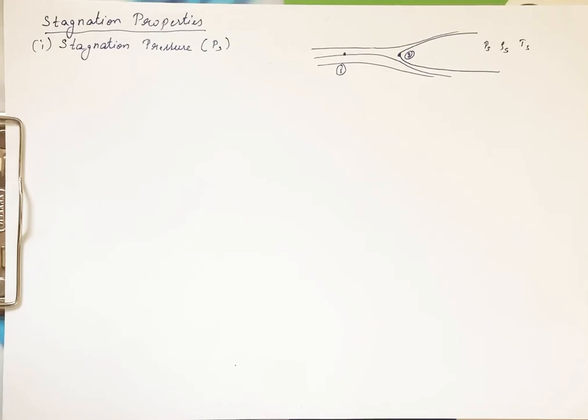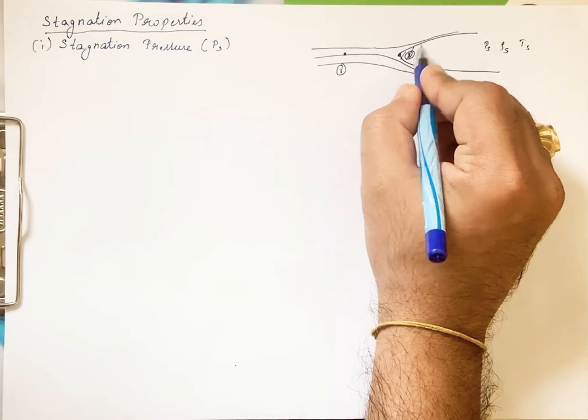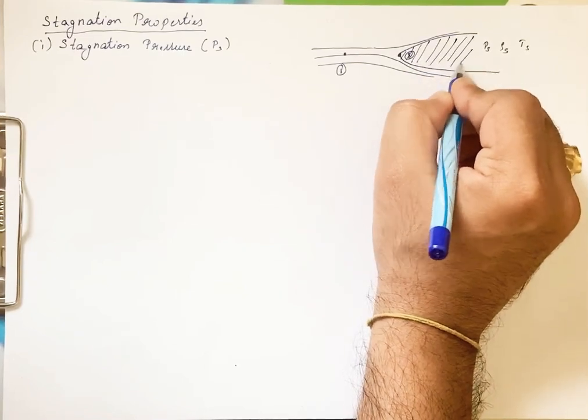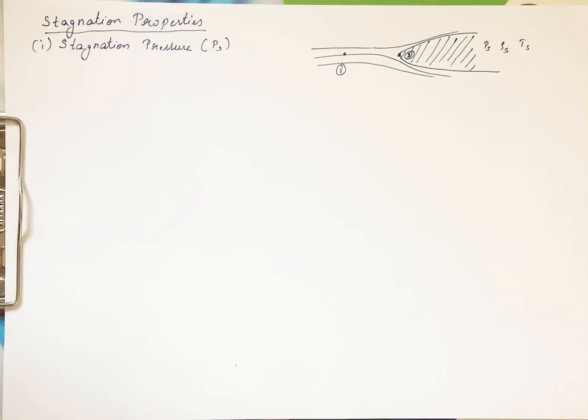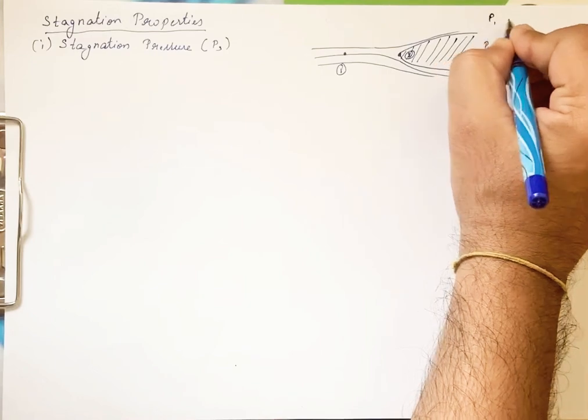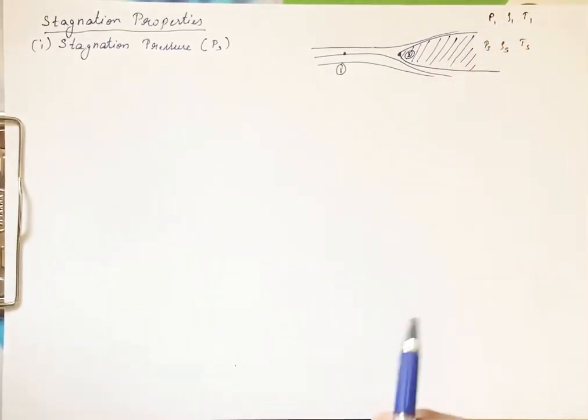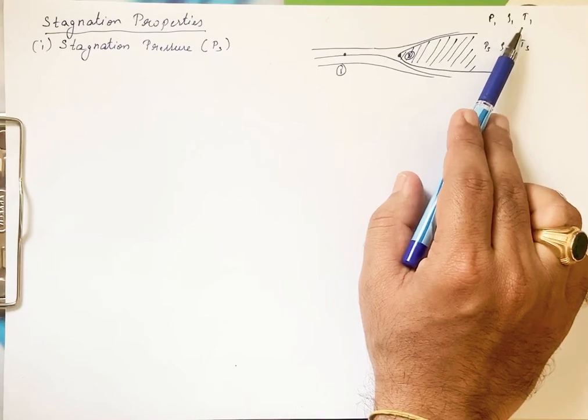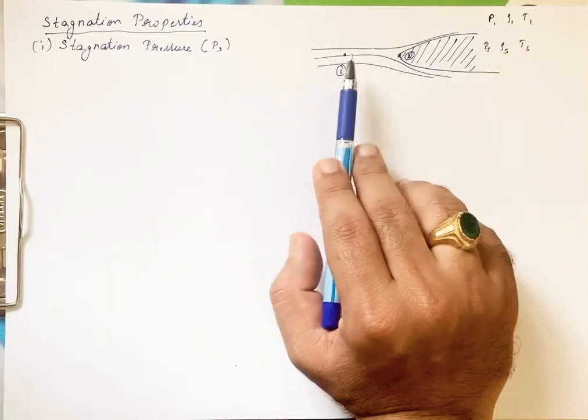Now, to find the expression for stagnation pressure, we have considered a compressible fluid passing around an immersed body, under frictionless adiabatic conditions. P1, rho 1, T1 are the pressure, density, and temperature at point 1.